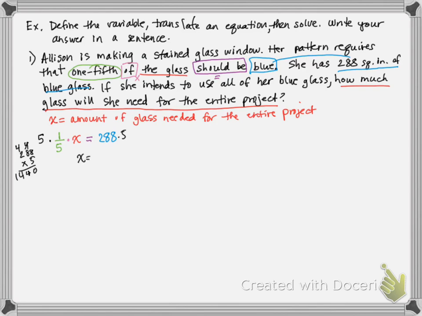So I get x equals 1,440. So I would say Allison needs 1,440, and we're going to use the same labels, square inches of glass for her project.